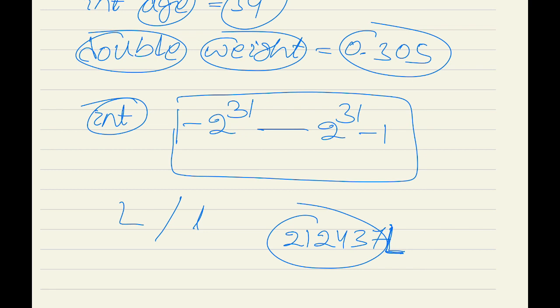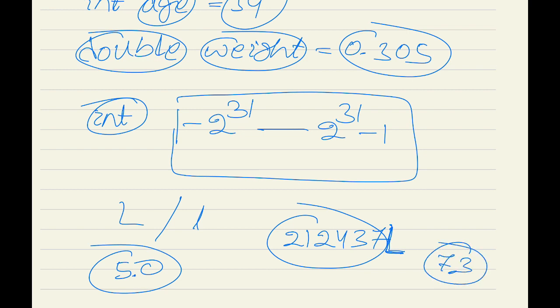Similarly, for real numbers, floating point literals are by default treated as double type. For example, 5.0 is a double, 7.3 is a double.